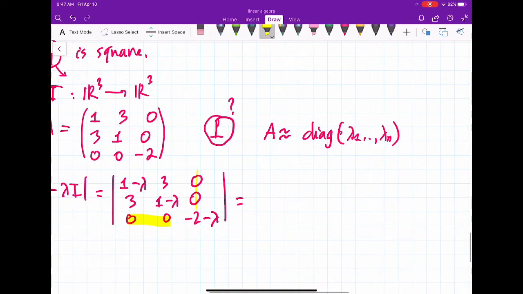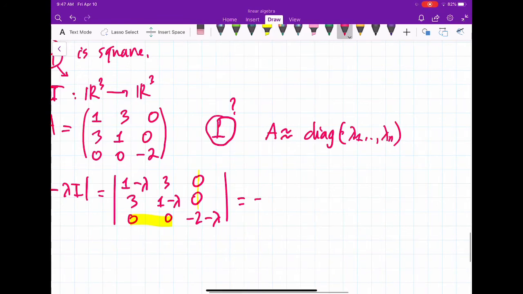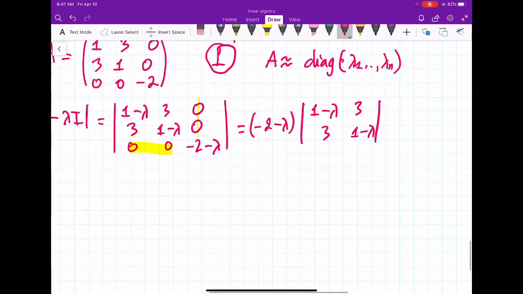So this is equal to -2 minus lambda times determinant of 1 minus lambda, 3, 3, 1 minus lambda, right? And this is equal to -2 minus lambda times (1 minus lambda) squared minus 9, right?